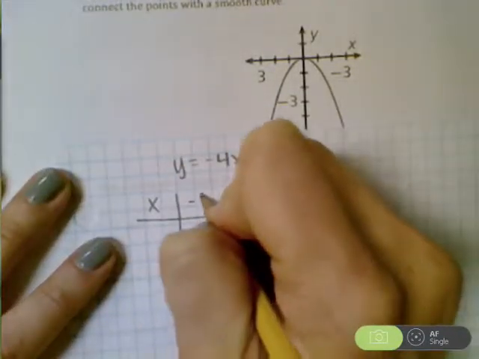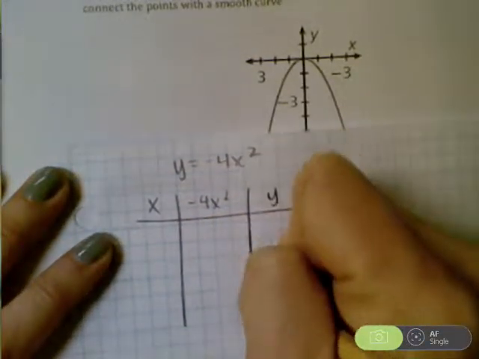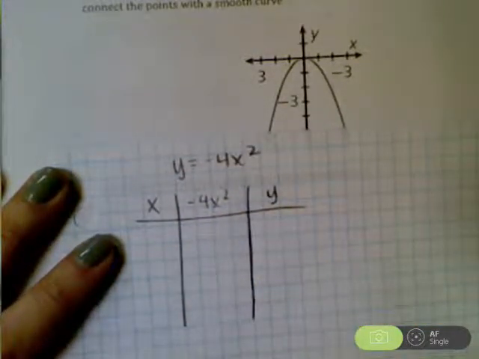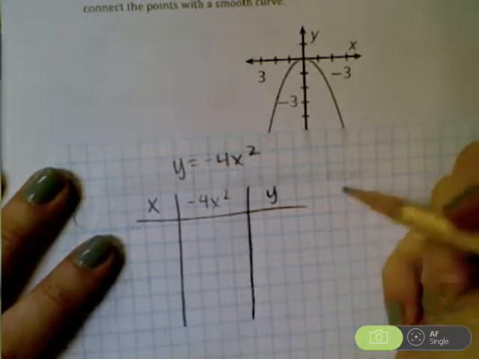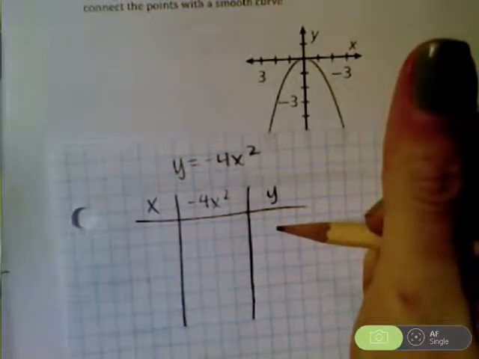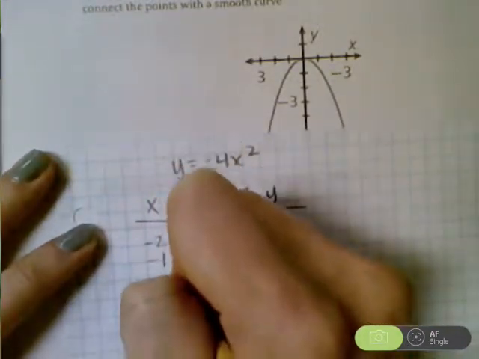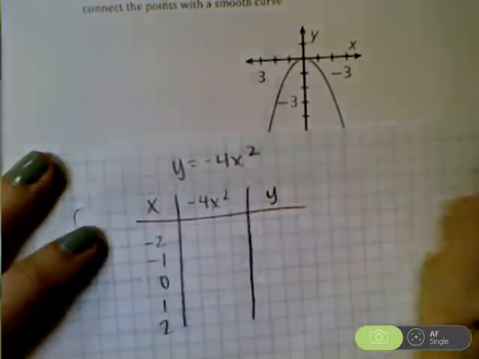You're going to plug in those values of x to generate values for y. Now, just like when we graphed linear functions, you need to choose 2 negative values, 0, and 2 positive values. The standard values that we use normally are -2, -1, 0, 1, and 2.